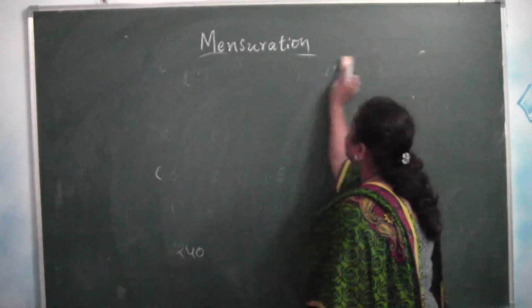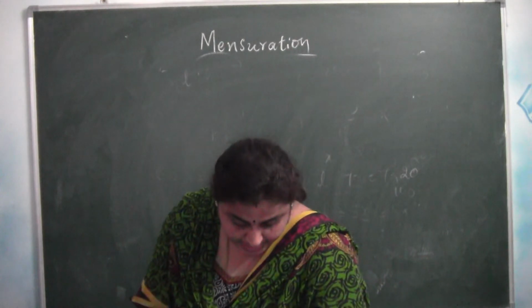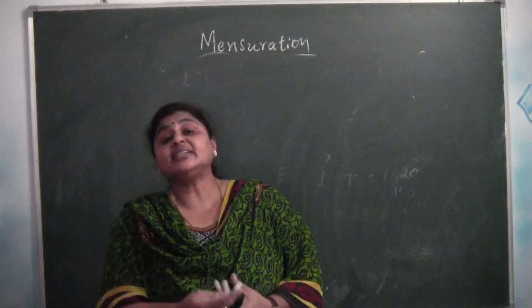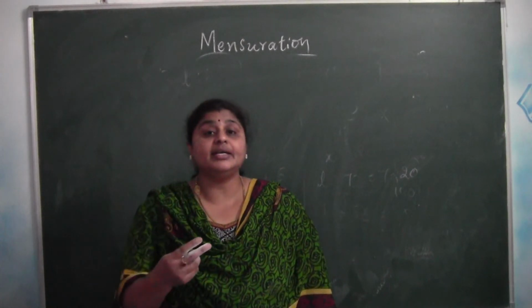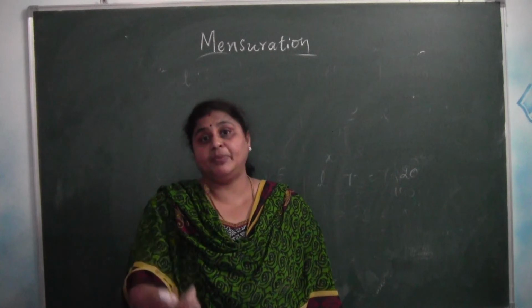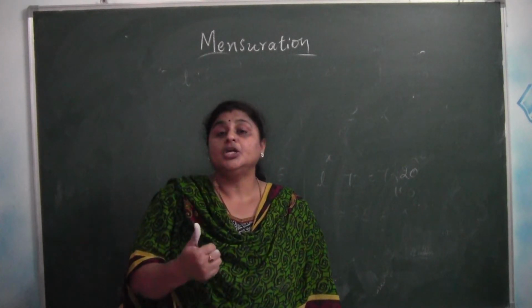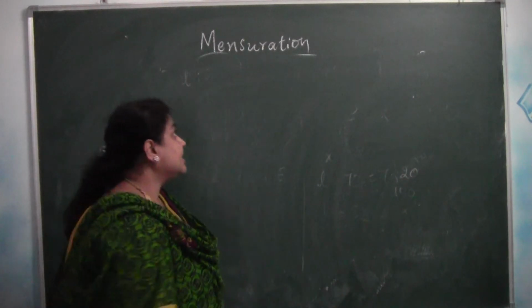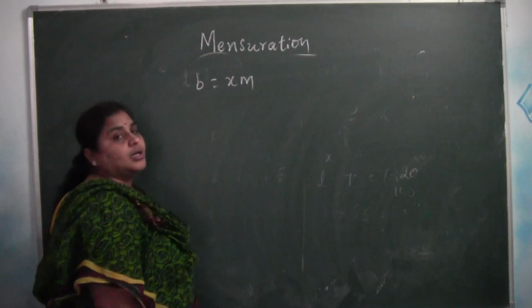So they gave the length of a rectangular field is twice its breadth. It means the length of a rectangle is 2 times its breadth. It means if I take B as 2, length will be 2 times 2, that is 4. So let us take breadth to be x meters.